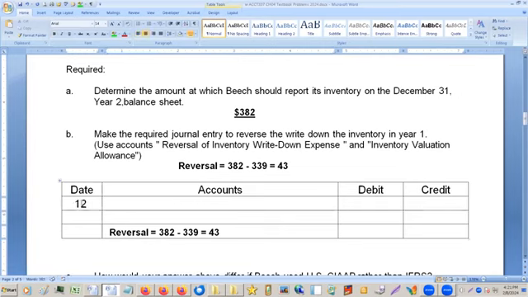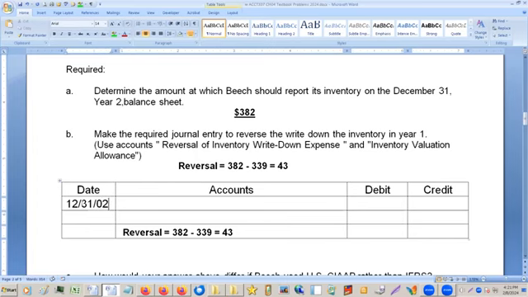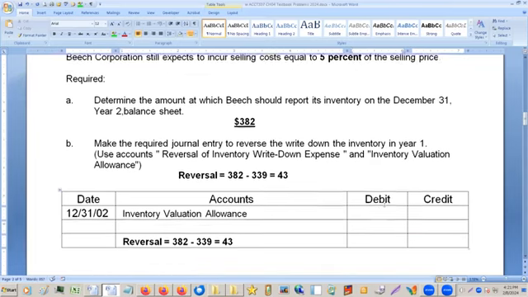So inventory valuation allowance will be here for 43.